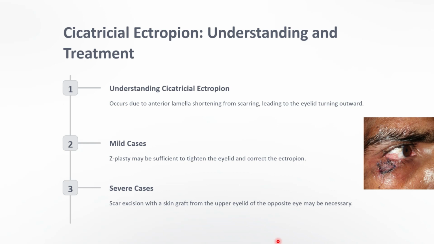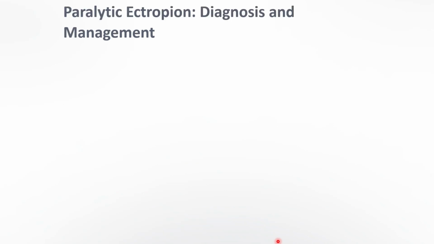Now come to the third part of the acquired ectropion, that is paralytic ectropion. In paralytic ectropion, the patient is not able to close their eyes because the paralytic ectropion occurs due to the loss of orbicularis muscle tone, and this can also cause lagophthalmos where the eyelid can't fully close.